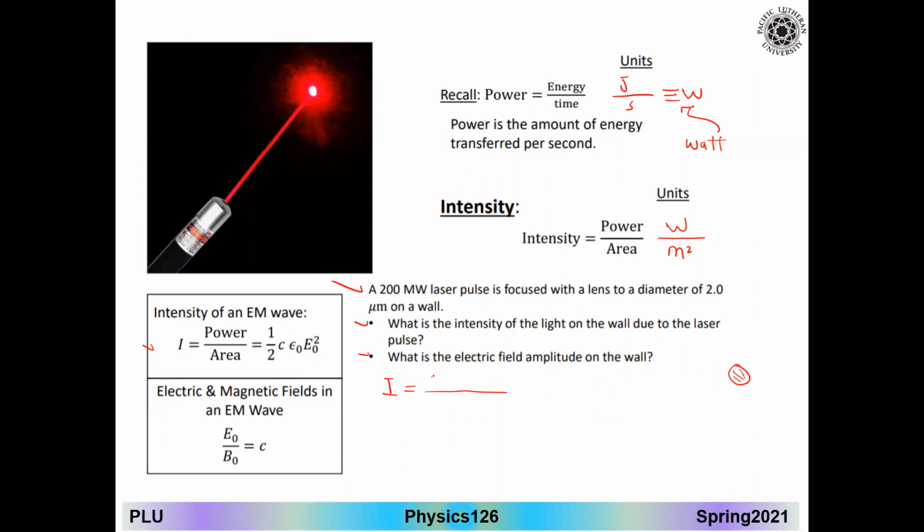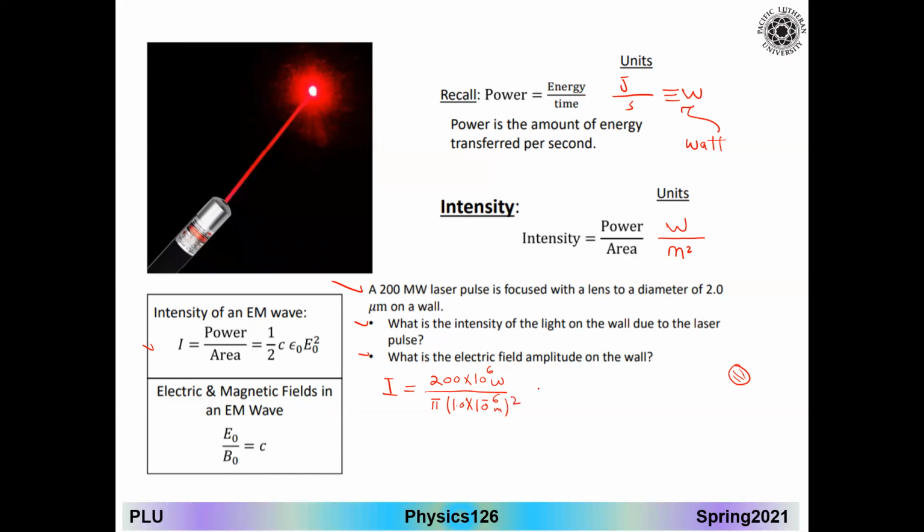So I have 200 power to the 6 watt divided by R. This is my area. R square, where R is the radius, diameter, power to the minus 6 meters.